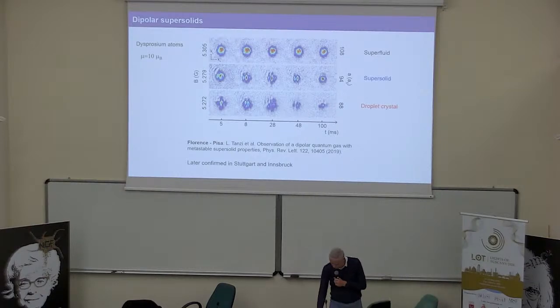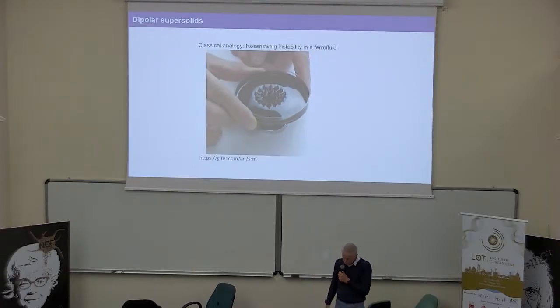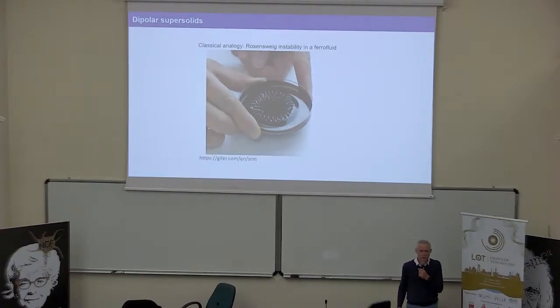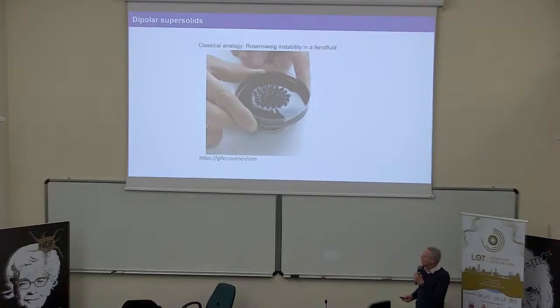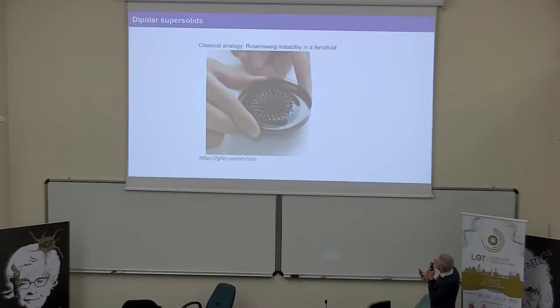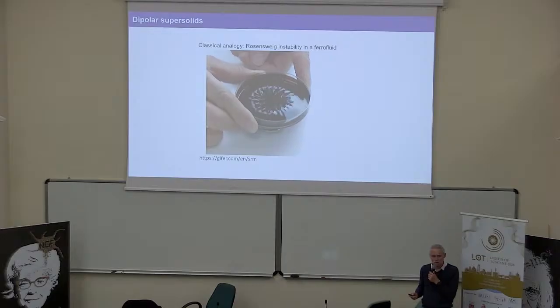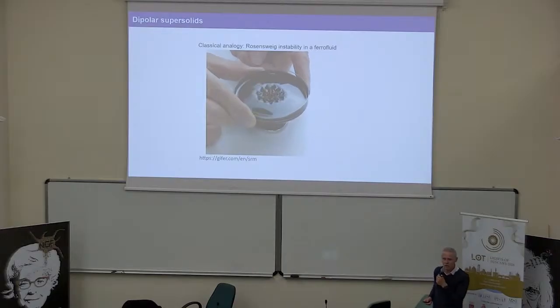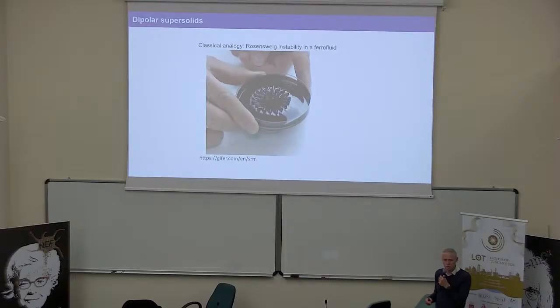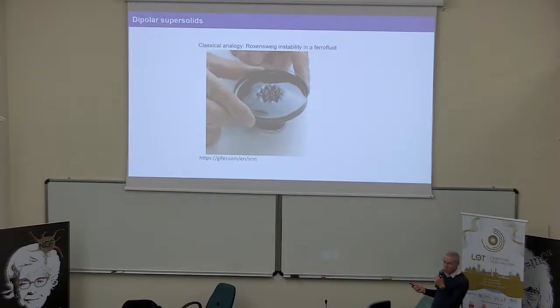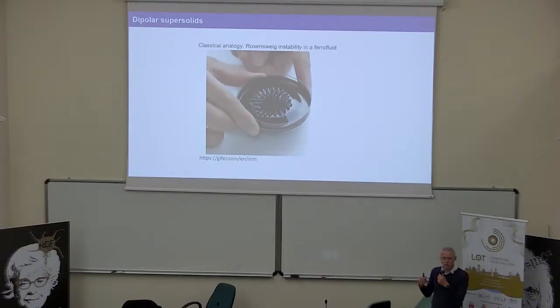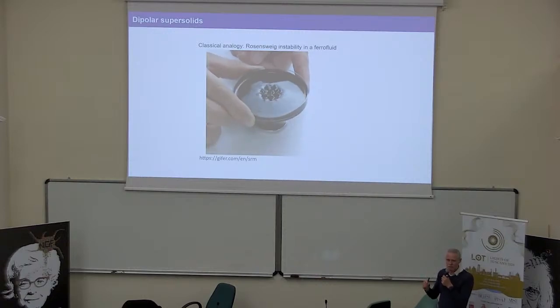I am showing you this other picture. This is taken from the internet, something that you can find on Wikipedia. And this is a picture of a ferrofluid. The ferrofluid is the classical analog of the supersolid. This is a classical liquid, so not a superfluid, in which there are magnetic particles dispersed.